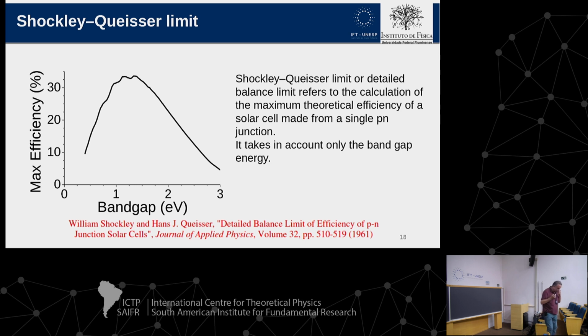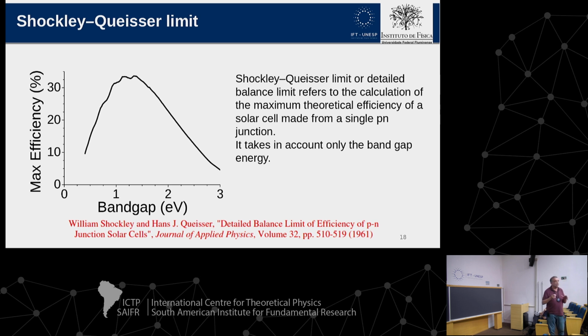One thing that we need to know is how we can estimate the efficiency of some kind of material for solar cells. This was done in a paper from the 60s by Shockley and Queisser. They used detailed balance, and they have a very interesting result: the efficiency depends on the band gap in this way here.